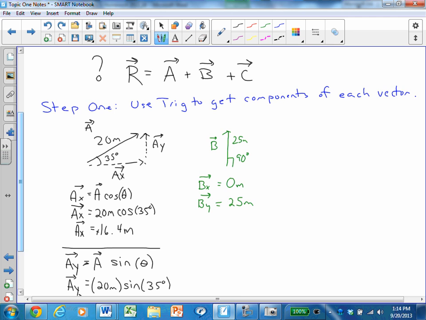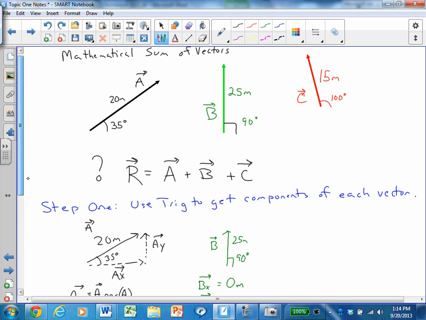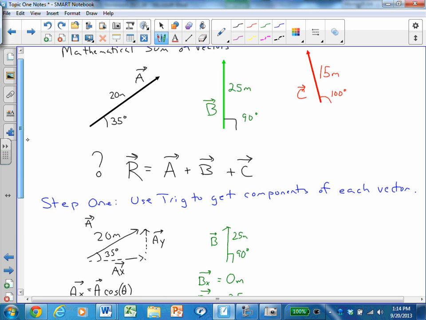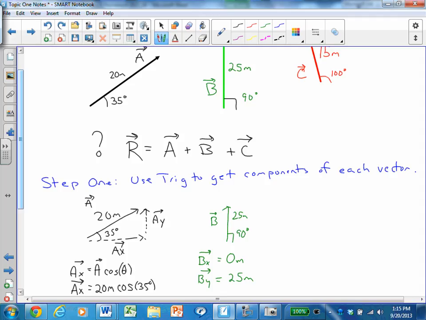Then we come up to the next one, which is C, and C is 15 meters at 100 degrees. Like that.